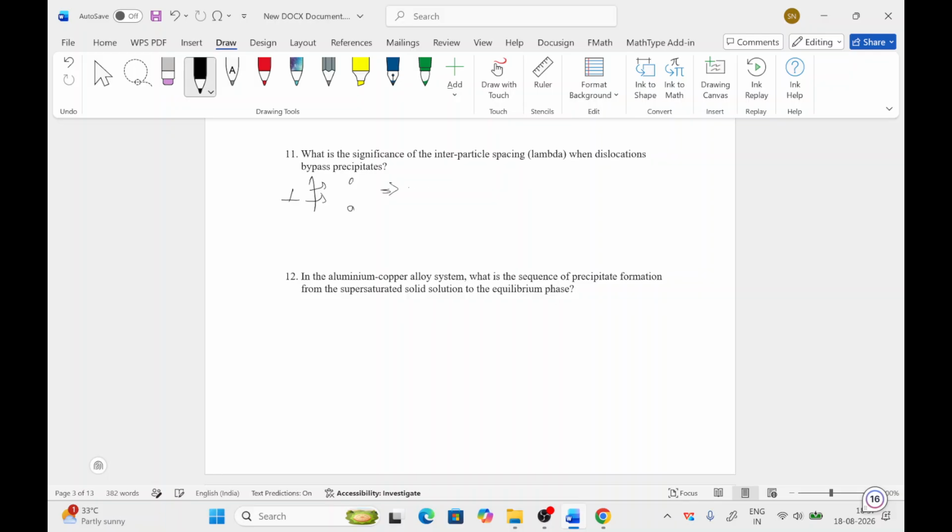In the next step, the dislocation line bows around the particle, and in the second step it tries to move out between these two precipitates.